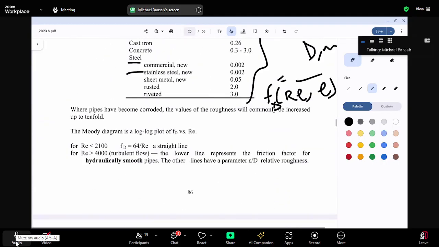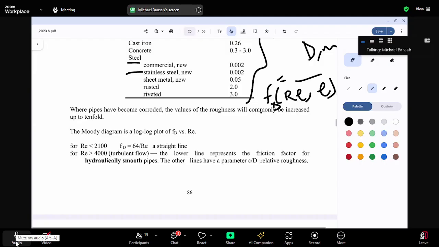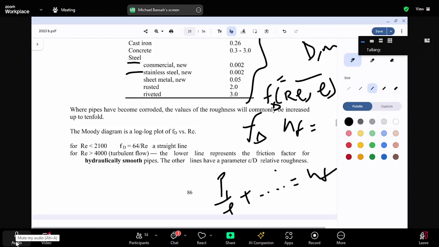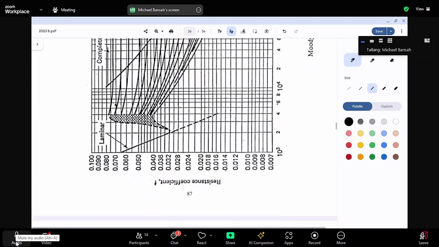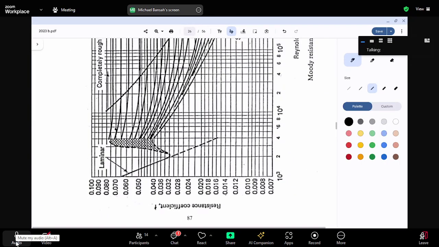In case there should be a calculation for the Darcy's friction factor, that will help you find the HF. And that will help you put that in your Bernoulli equation. Now we want to look at how to go about reading the Moody chart.